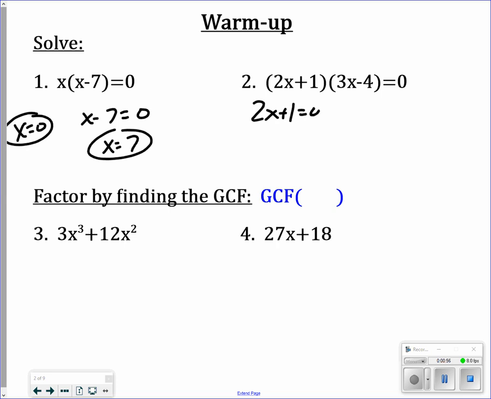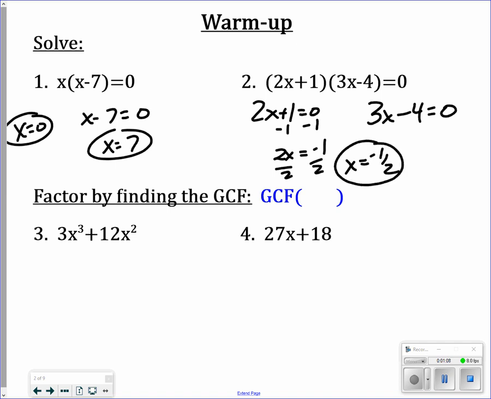Again, the second one here, we have 2x plus 1 being a factor and 3x minus 4 being a factor. So again, set the factors equal to 0 and solve. I'm going to add 4 to both sides and divide by 3. So again, if it is in factored form already, set the parentheses equal to 0.